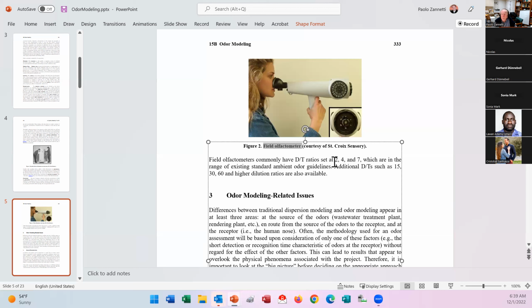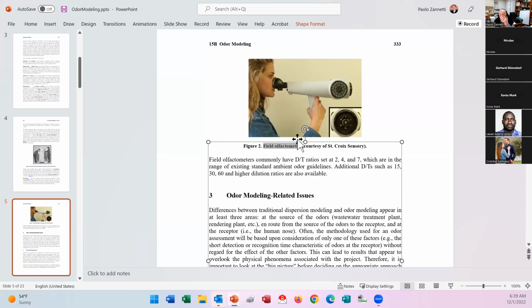So you dilute 2, 4, 7, and on and on, until you don't smell it anymore. So the original intensity of the odor is proportional to the number of dilutions that you have done.